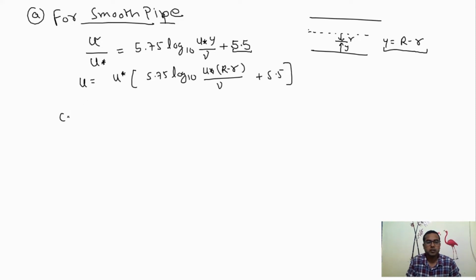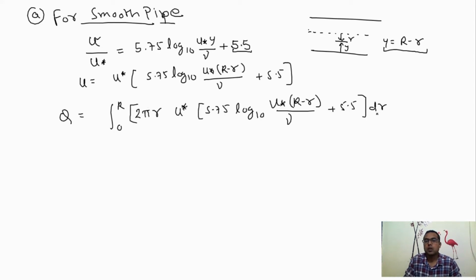What will be the discharge Q? Do the integration, put the limit, 2 pi r. What is the value of u? After putting this value of u in terms of small r, which is variable, capital R is a constant, u star is constant, the kinematic viscosity is constant, and all other terms are constant, and here r again.